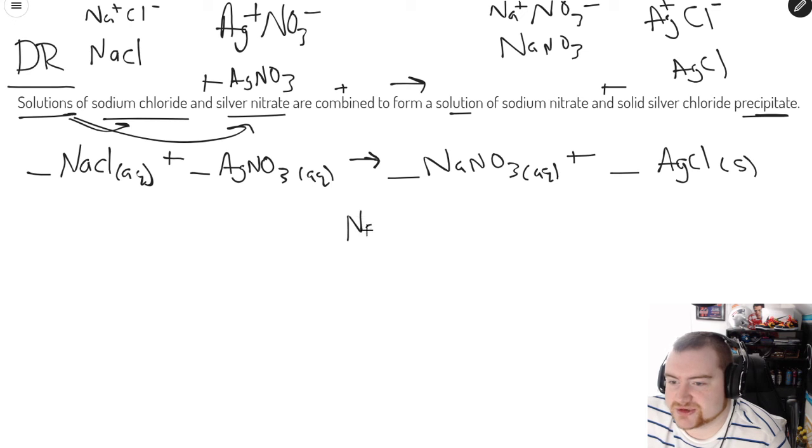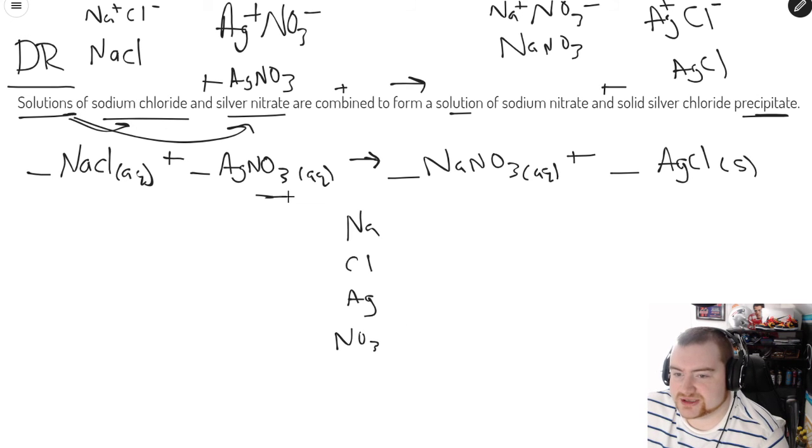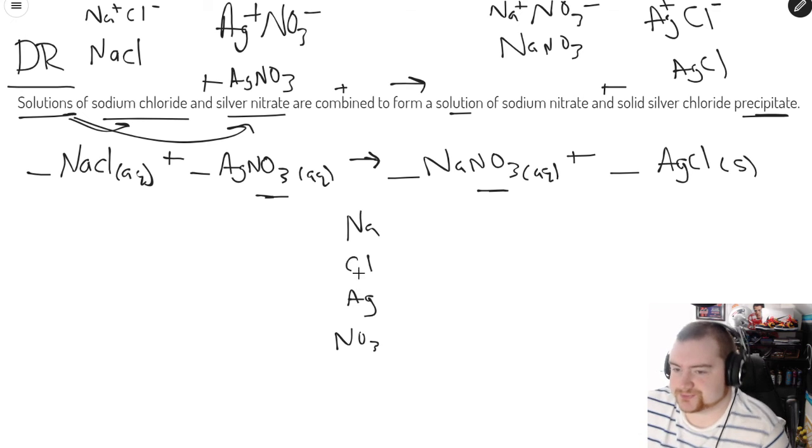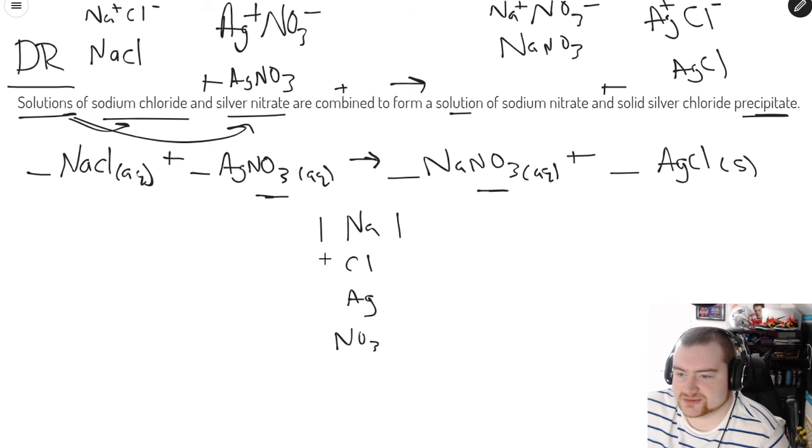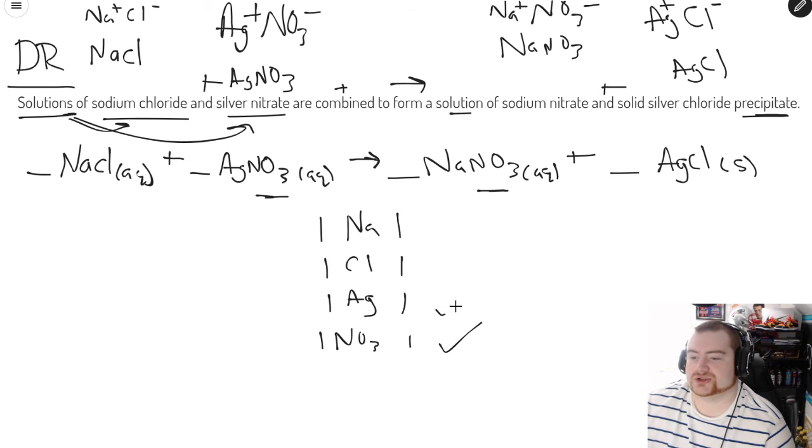So we have our sodium, we have our chlorine, we have silver, and again, we can keep nitrate by itself, not breaking up, because nitrate's the same on both sides. So now we can balance it out. Sodium, chlorine, silver, nitrate. Already balanced. There's 1 on each side. So we're good to go.